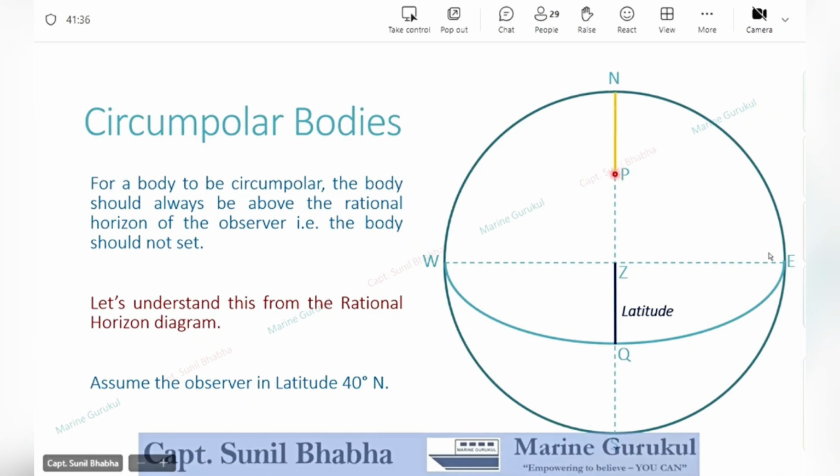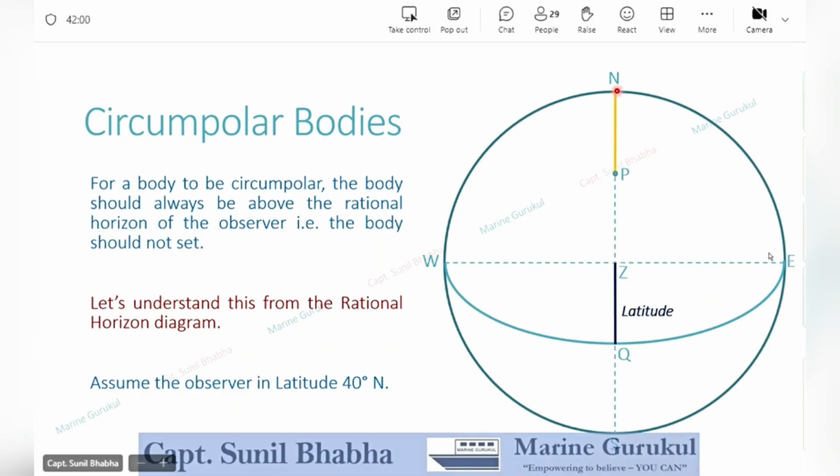The P point represents the pole, and this N to P, what is highlighted by this yellow line, is called the elevation of the pole or the altitude of the pole. And this is always equal to the latitude of the observer. We can easily understand it from the diagram.